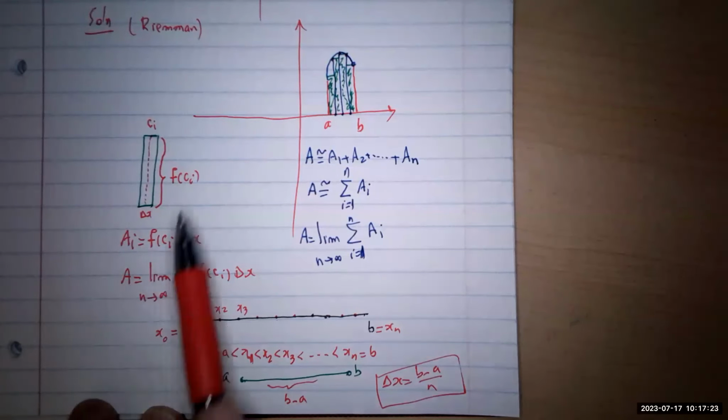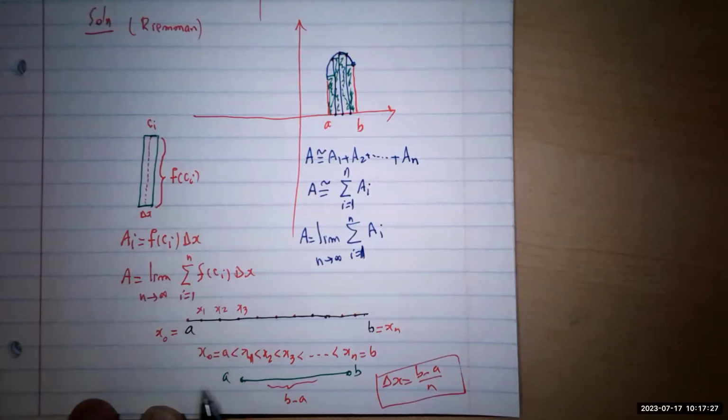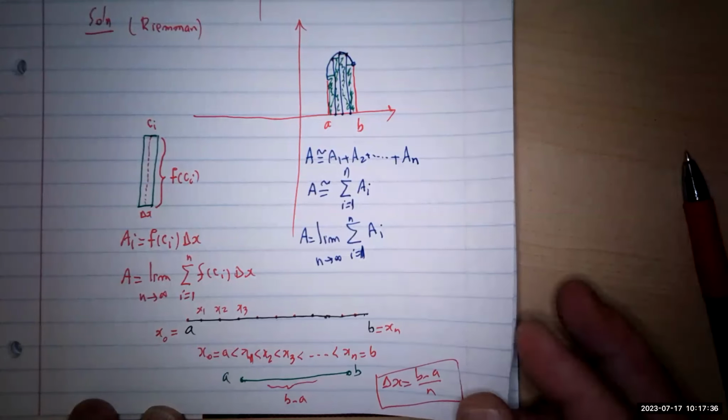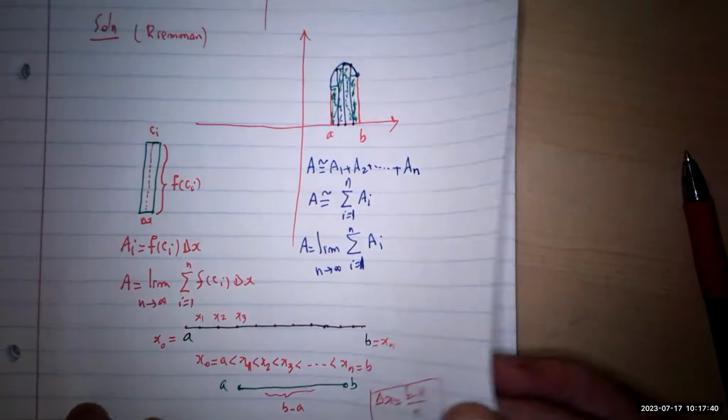Now what is this ci going to be? This ci is going to be a point inside one of these intervals. It can be any point, but I'm going to pick a nice one so I can give you a couple of examples. Okay, so let's go to the next page and identify the ci.